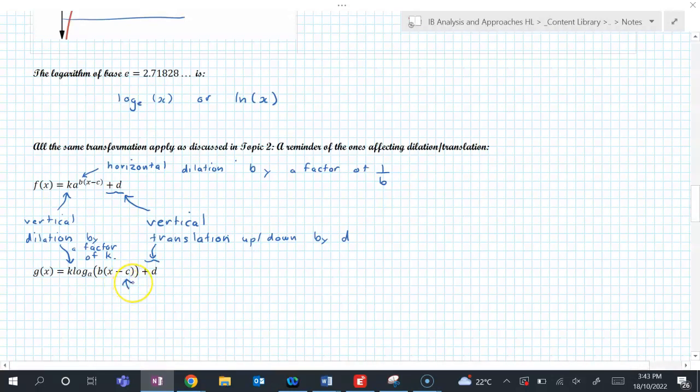And then C, if it's in the form x take C, well, that's horizontal translation by a factor of C.